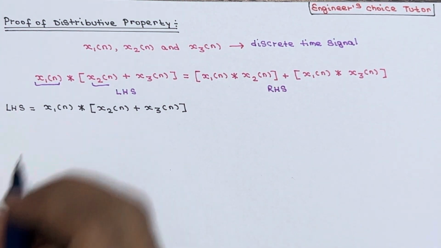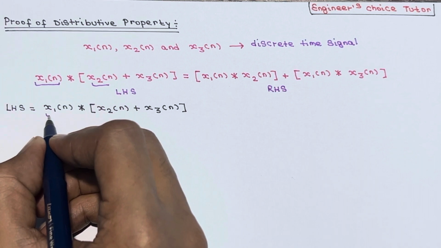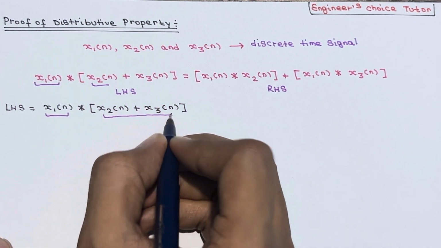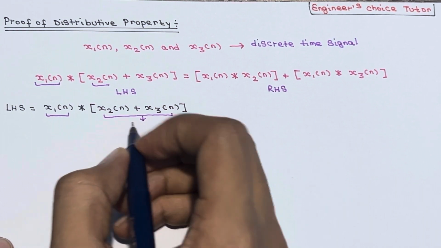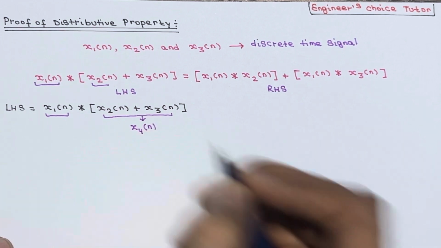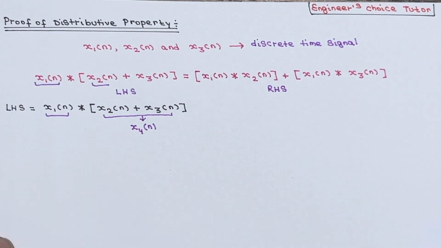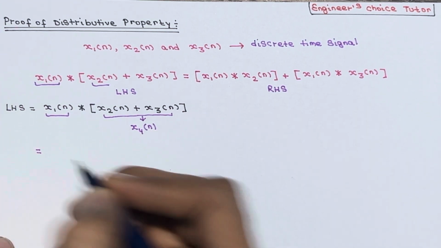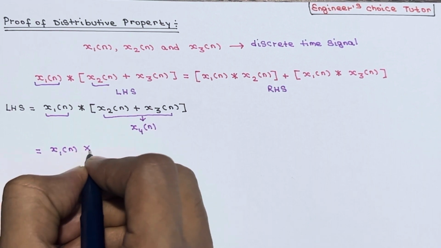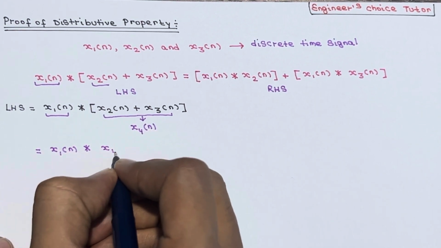So the LHS is the convolution of x1 of n and x2 of n plus x3 of n. Assume this sum is equal to x4 of n. So it becomes the convolution of x1 of n and x4 of n.